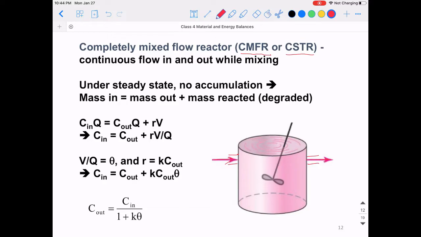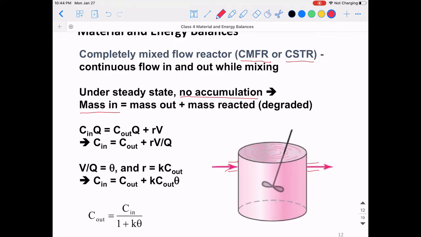Because of that, the concentration at the outlet is equal to the concentration within this tank. For this system, it's the same as the PFR, which means there is no accumulation taking place. Whatever mass is in is equal to the mass out plus the mass reacted, which is quite similar to the PFR again.